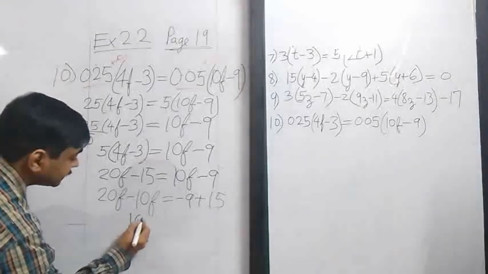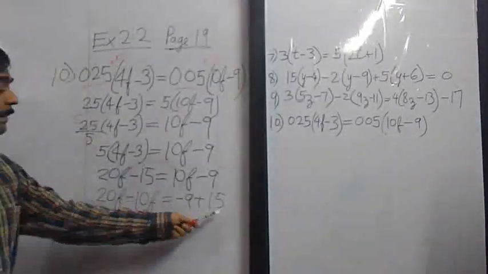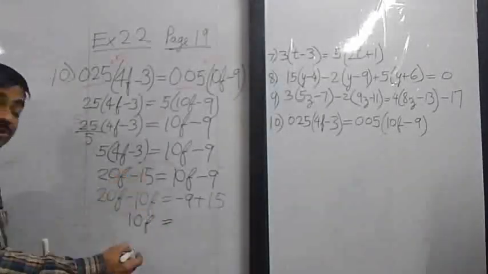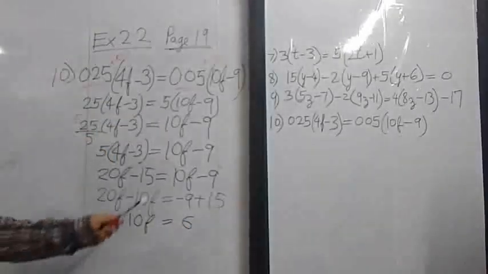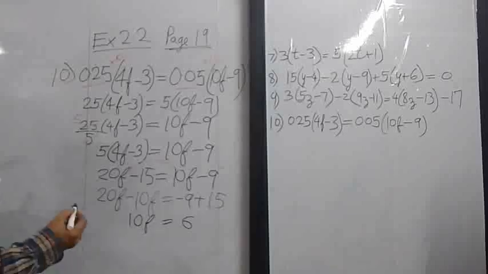This is 10f equals 15 minus 9. 15 minus 9 is 6.